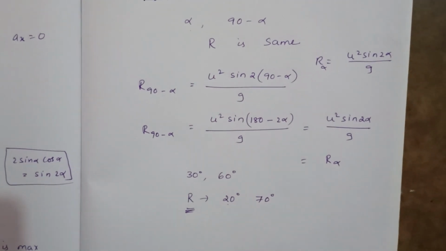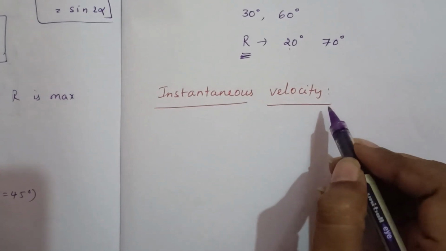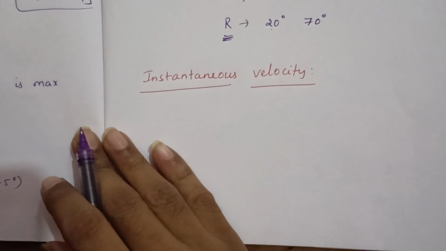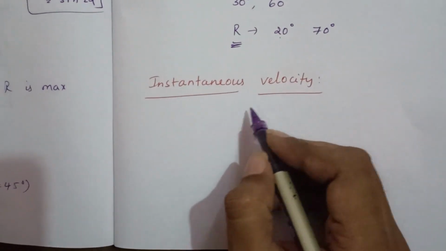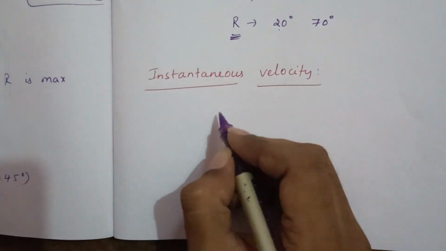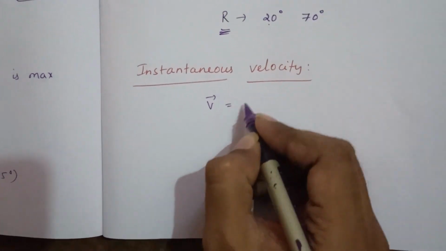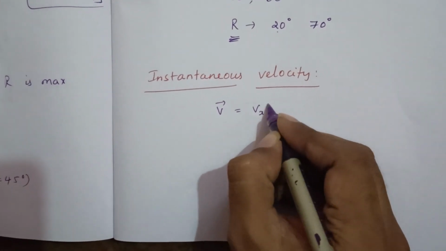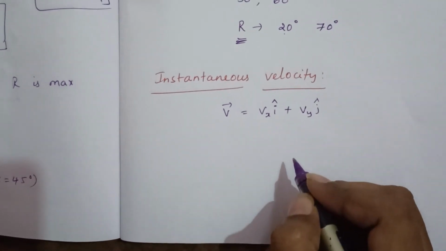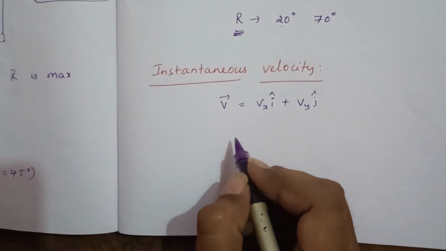Next one is instantaneous velocity for oblique projectile. Instantaneous velocity means the velocity of the body at any given instant. In projectile motion, the vertical components are changing, and the horizontal components are not changing. So instantaneous velocity equals vx i plus vy j.